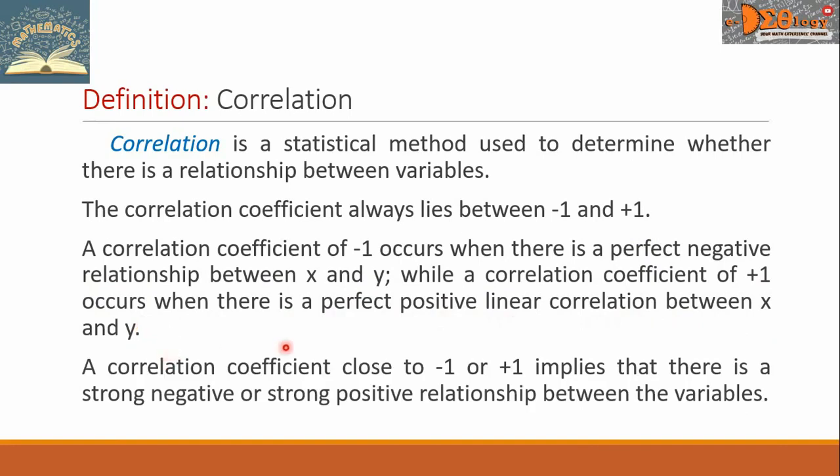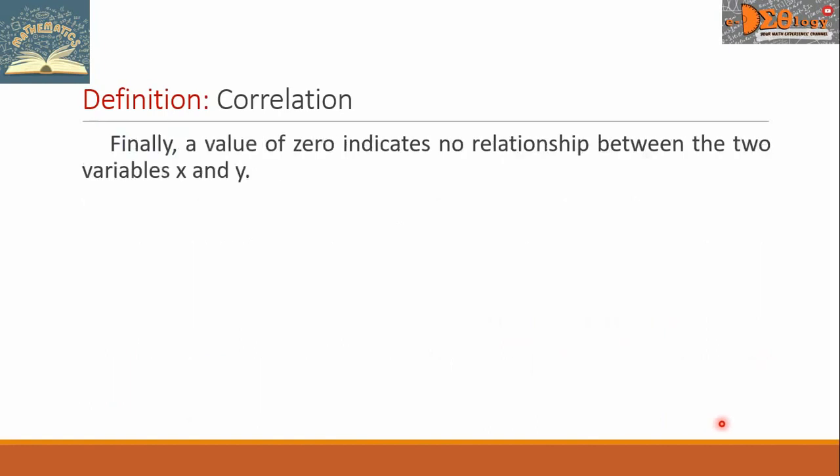A correlation coefficient close to -1 or +1 implies that there is a strong negative or strong positive relationship between the variables. Finally, a value of 0 indicates no relationship between the two variables x and y.